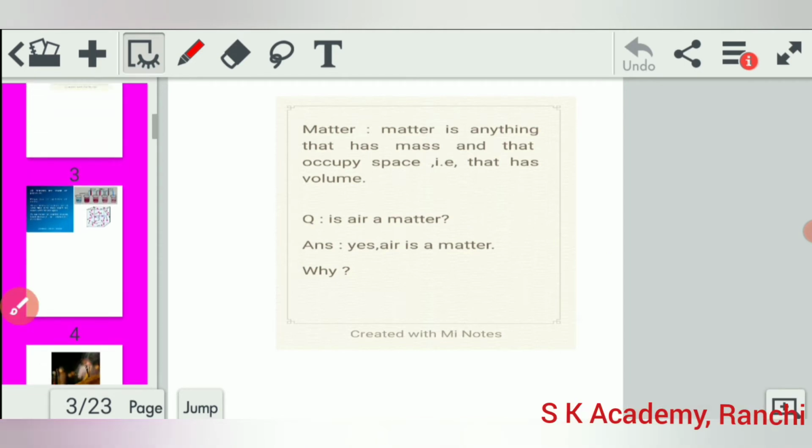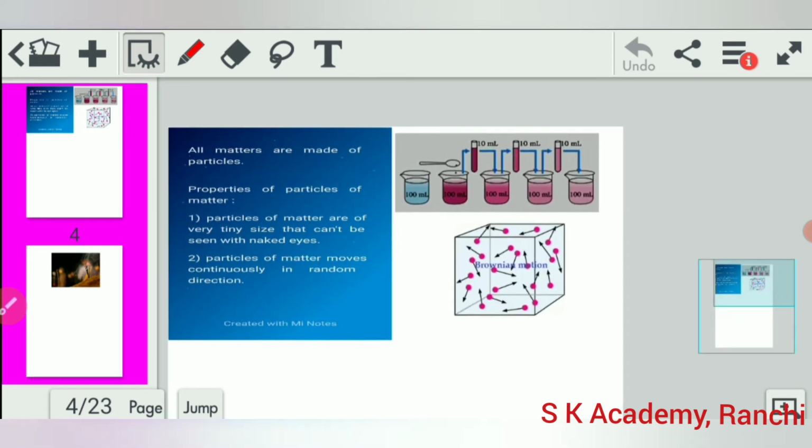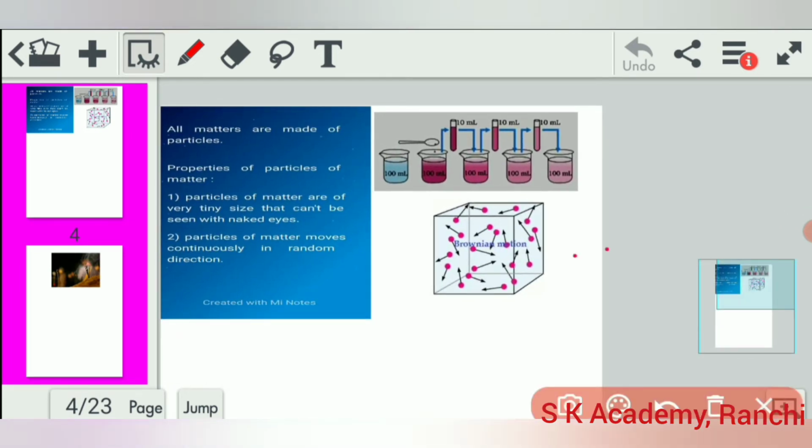Now, what are the properties of matter? Before knowing the properties of matter, we should know that all matter is made up of particles.